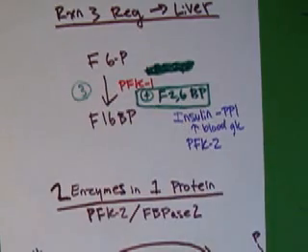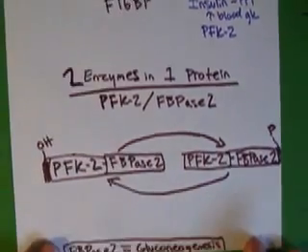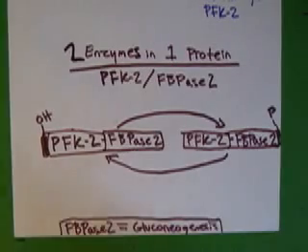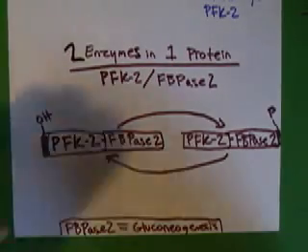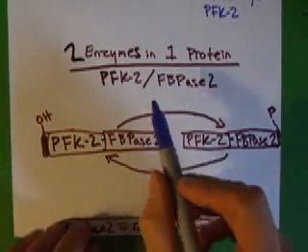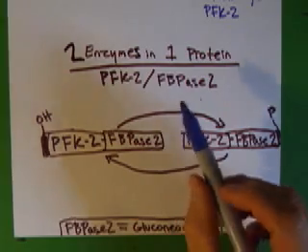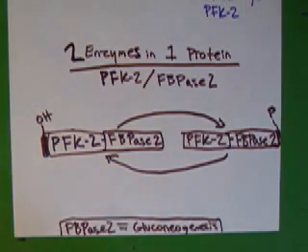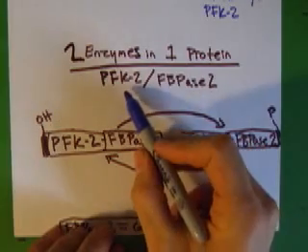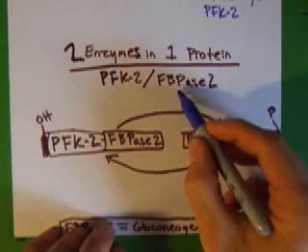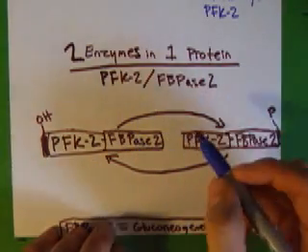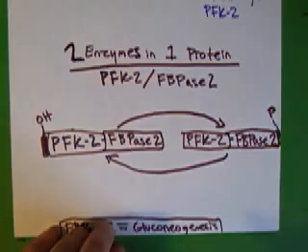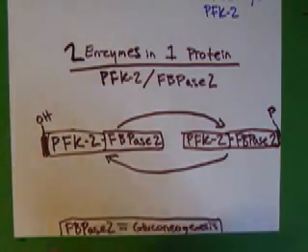So we'll take a look at that here. This sometimes confuses people because there are two enzymes happening in one protein. It's a bifunctional enzyme. So both PFK2 and FBPase2 are on the same thing. Just one is going to be turned on and one is going to be turned off at all times.